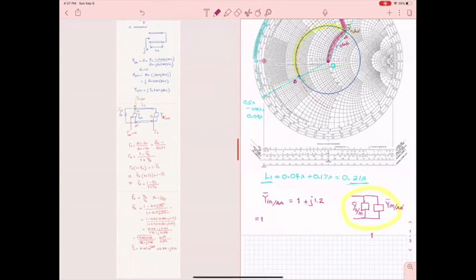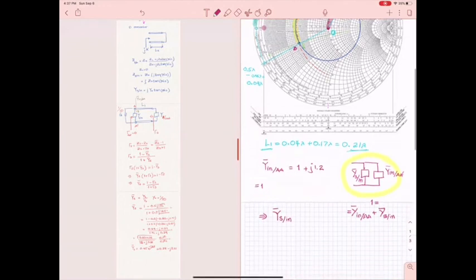Therefore, the total here, let me write it, is Y in at AA prime plus Y_S, which means from there that Y_S, the equivalent reactive admittance that is created by the stub, is equal to 1 minus Y in AA prime, which is 1 minus 1 plus j 1.2, which is minus j 1.2.